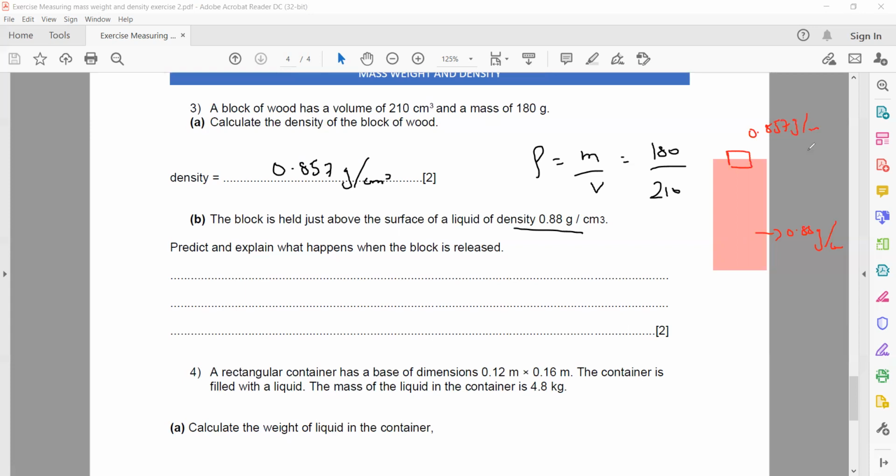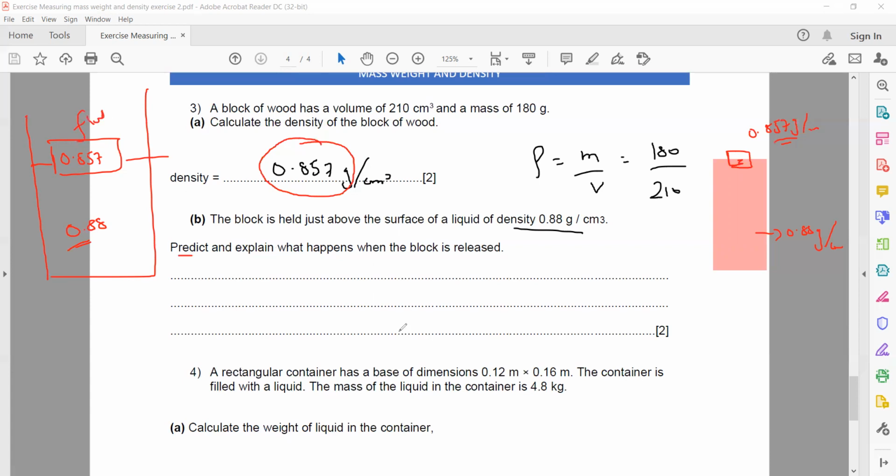As you can see, the density of the block is less than the density of the fluid. The block of wood is 0.857, and the density of the liquid in which we put it is 0.88. So liquid density is more than the block density. That's why the block will float.